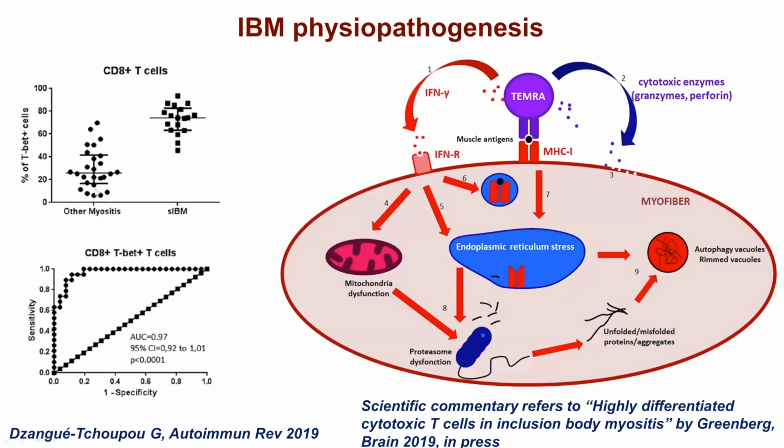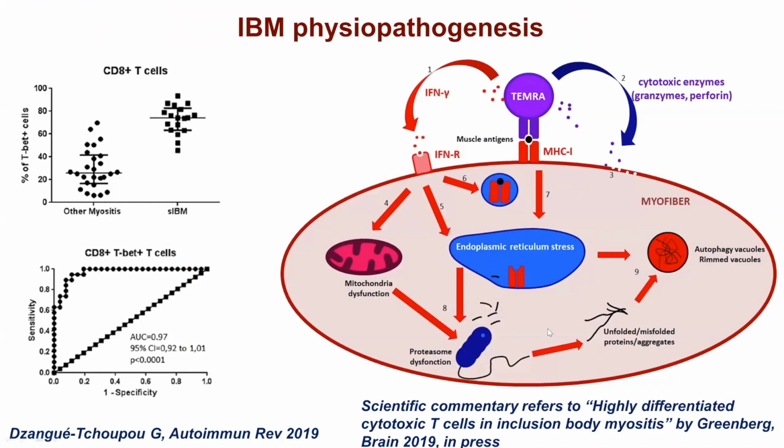Here you can have dermatomyositis, immune-mediated necrotizing myopathies, and antisynthetase. And these cells are, for instance, CD8 positive, T-bet positive, and these are cells which are called TEMRA cells, highly differentiated, terminally differentiated cells, for instance the ones we can observe during chronic viral infections such as HIV infection.